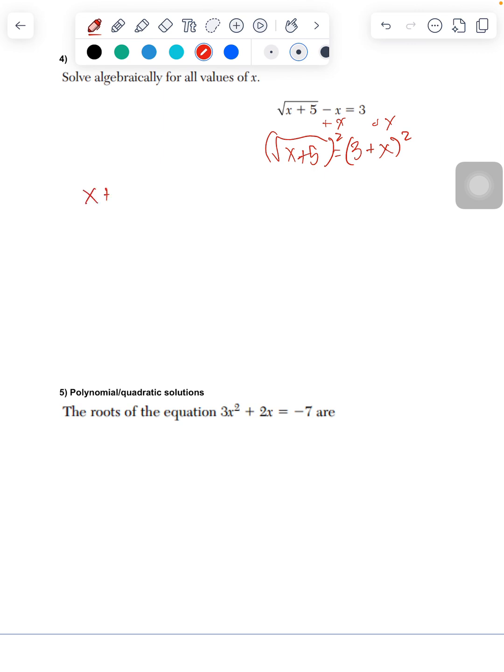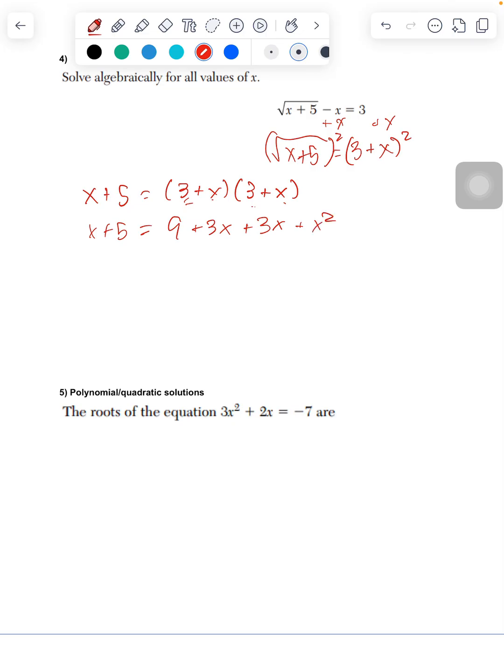So I'm going to have x plus 5 equals 3 plus x squared. So I'm going to have 3 plus x times 3 plus x. So x plus 5 equals 3 times 3 is 9. 3 times x is plus 3x. x times 3 is plus 3x. x times x is plus x squared.